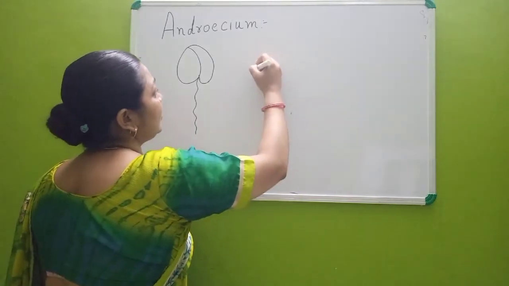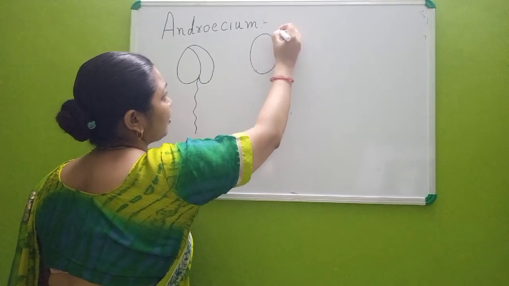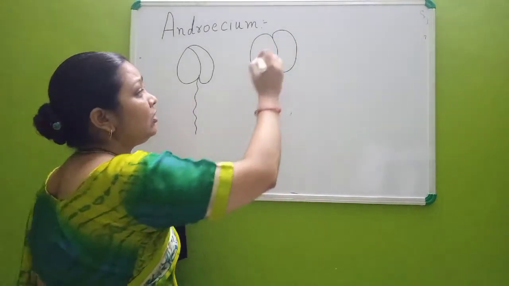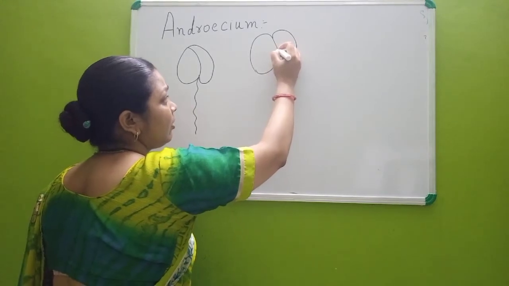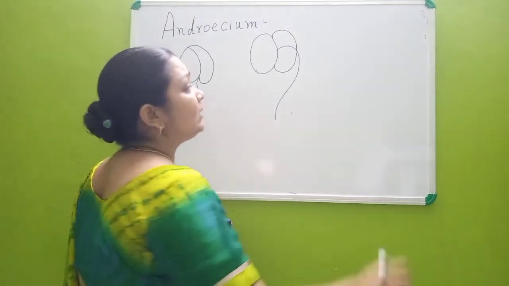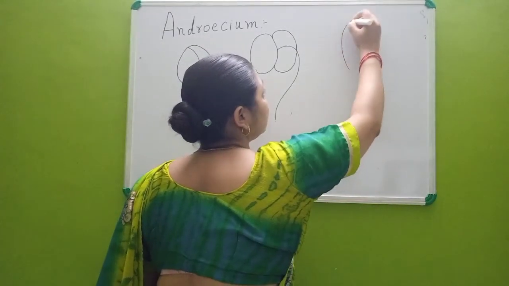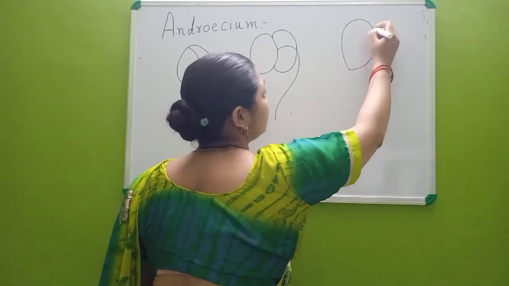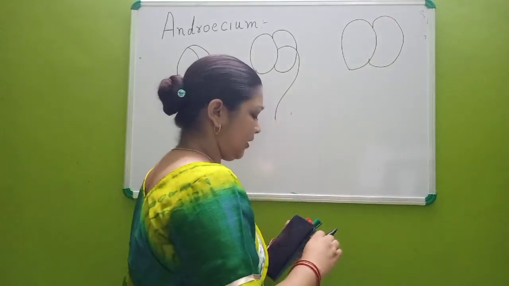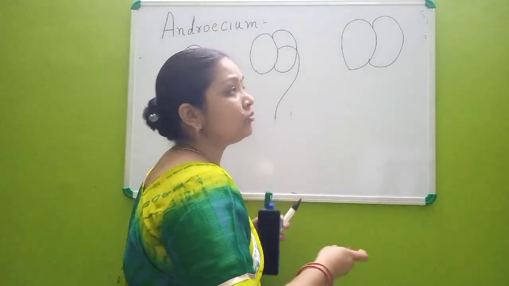Now the second one is when the anther is connected to the filament from its dorsal side. And the third one is when the filament runs all along the anther and comes down. I am making it with another color so that you are able to learn.